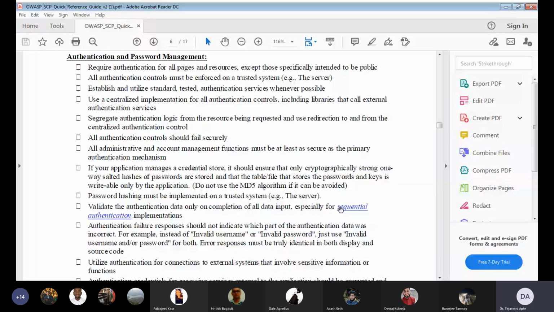And after that, I need to show you that if your application manages a credential store, it should ensure that only a cryptographically strong salted hash of the password is stored. Anyone aware of what a salted hash is? No, ma'am.